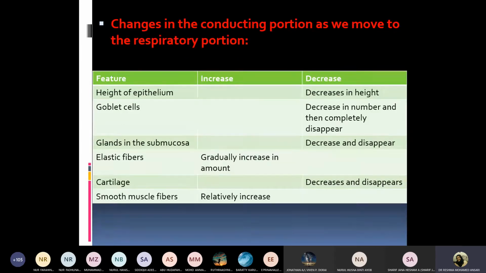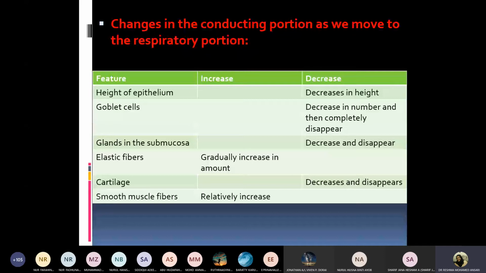You want elastic and smooth muscle fibers to maintain the caliber of your airway, because only elastic and smooth muscle can expand and contract. When you inspire, it is expansion. When you expire, it is deflation. So for that you need elastic and smooth muscle fibers. That is the changes you would see. Clear?